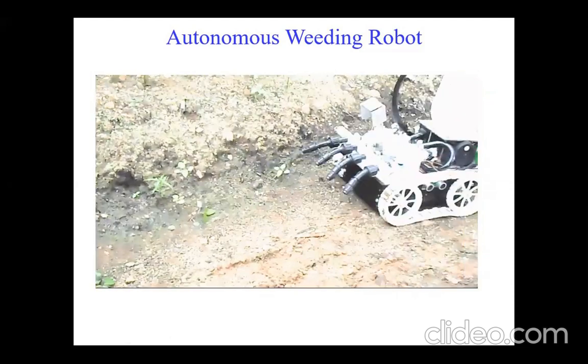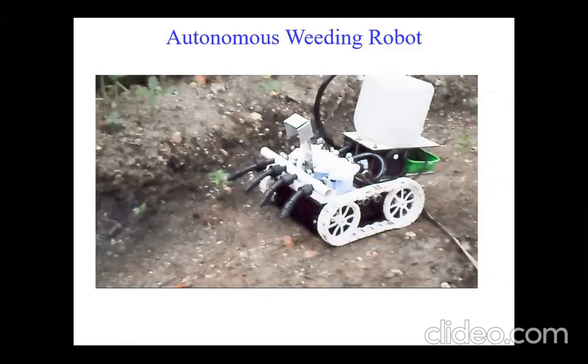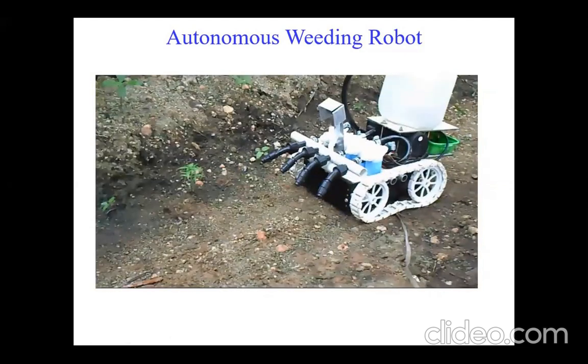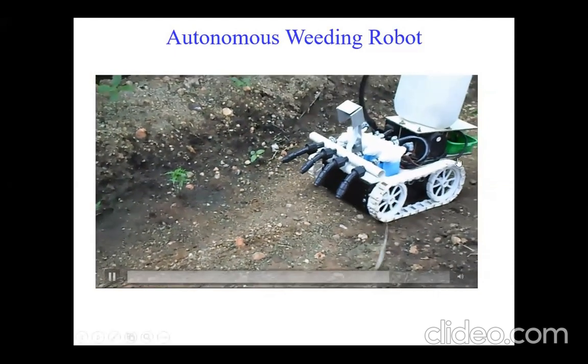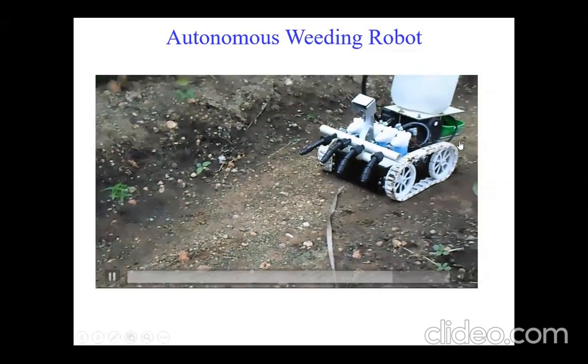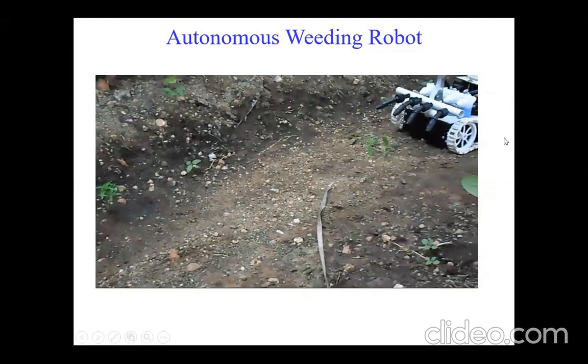Actually, we faced a lot of problems while moving the wheels under different environment conditions because of small stones and other disturbances. That's why we made it chain based. So finally, we have developed this under chain based control.